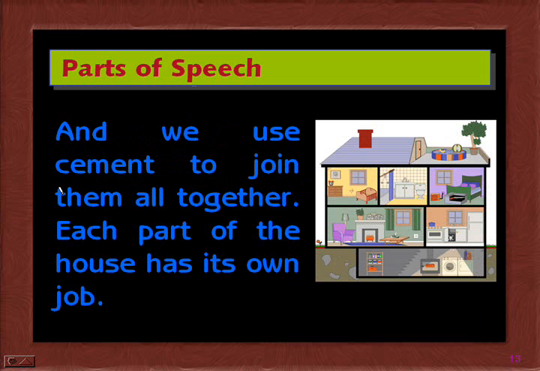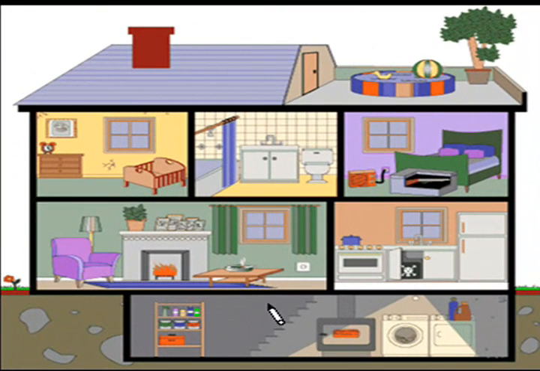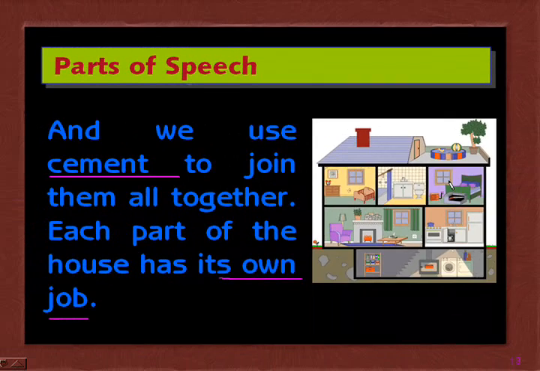Each part of the house has its own job. The foundation gives the base for the building. Walls support the roof. Cement joins things together and gives it a long life. So these are the different parts of the house, and put together it is a house.